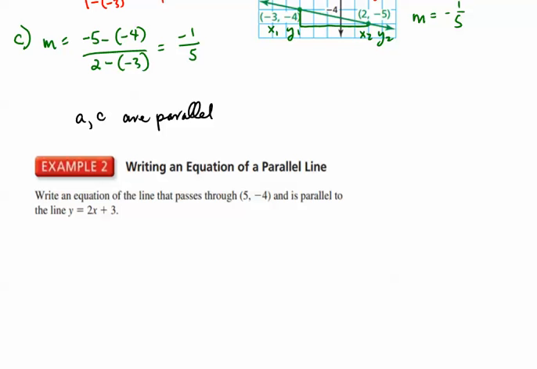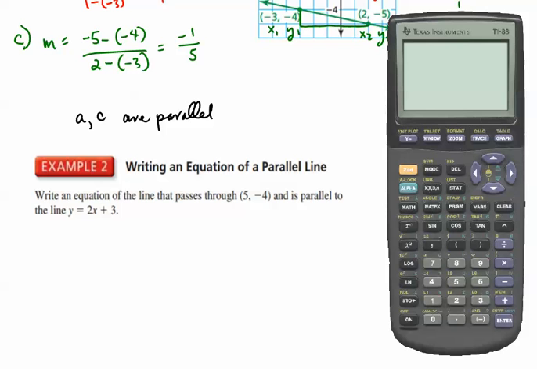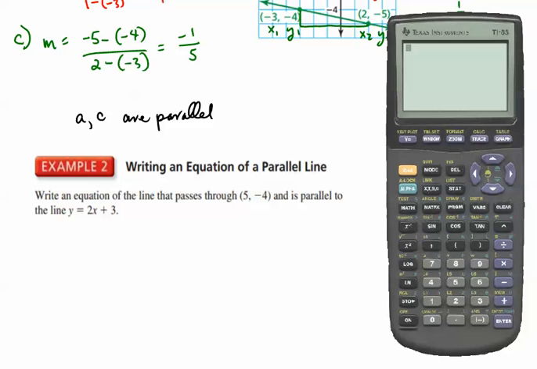Next, for example 2, we want to write the equation of a parallel line. What does that mean? We want to write the equation of a line that passes through the point 5, negative 4, and is parallel to the line y equals 2x plus 3. So let's use our graphing calculator to see what we're trying to accomplish here. What we want to do is put in this original equation, y equals 2x plus 3.